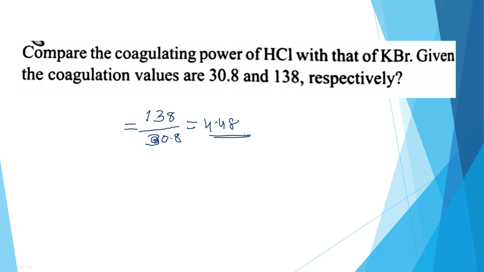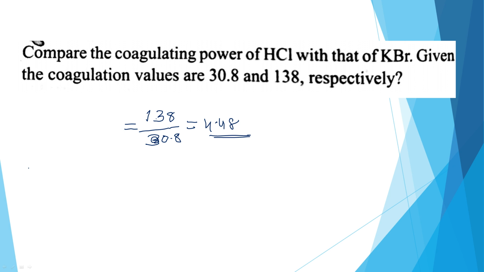So HCl has a greater coagulating power than KBr, 4.48 times more. The coagulating power of 1 gram of HCl is equal to 4.48 grams of KBr. Or you can tell in milligrams, the ratio is given and this is the answer.